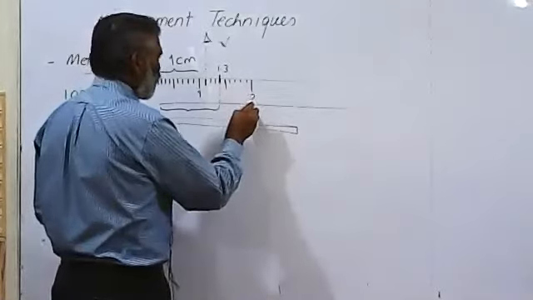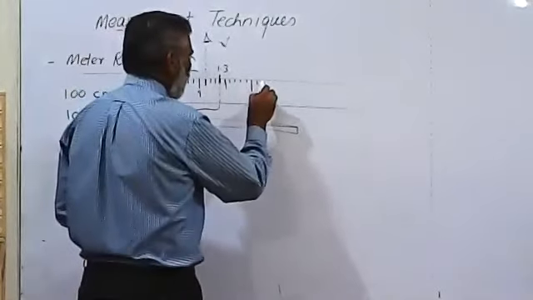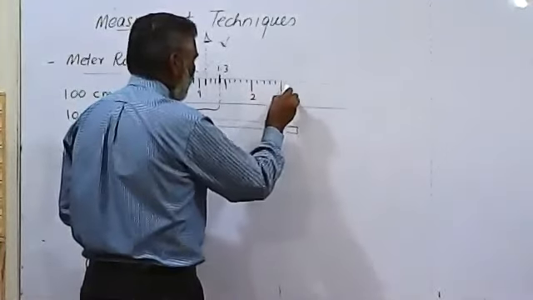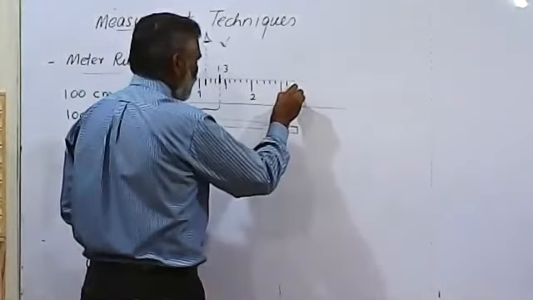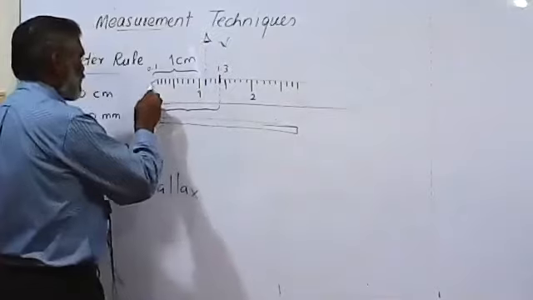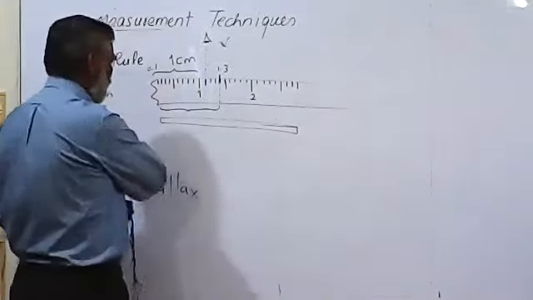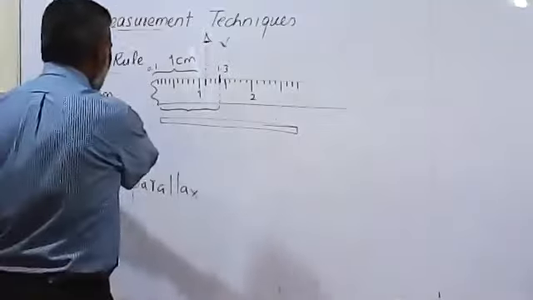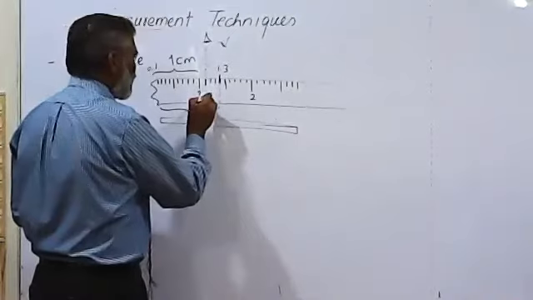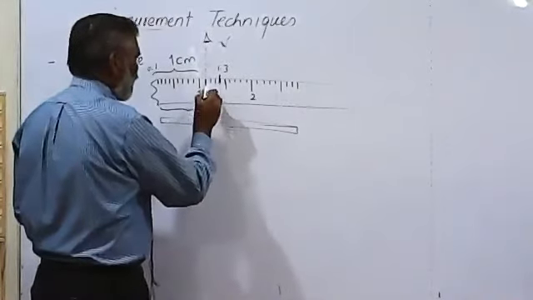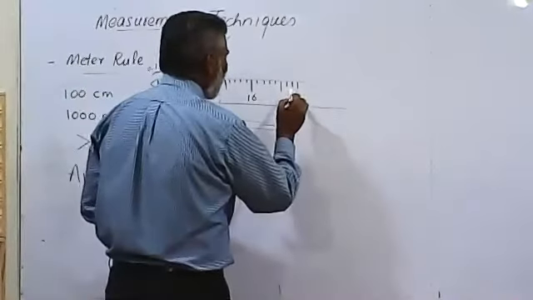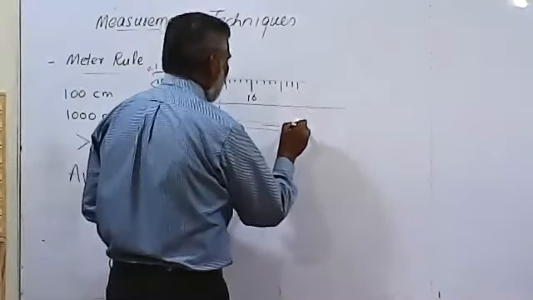This is 2 centimeters, then 1, 2, 3, 4, 5, 6, 7, 8. Suppose this has started from somewhere behind it, and instead of 1 I assume this is 15, therefore it is 16 centimeter, and therefore it is the length of this object.